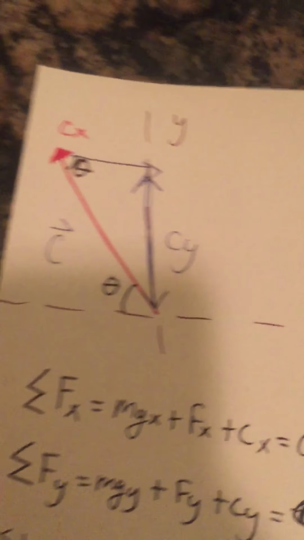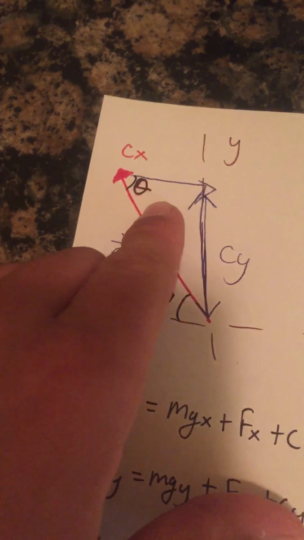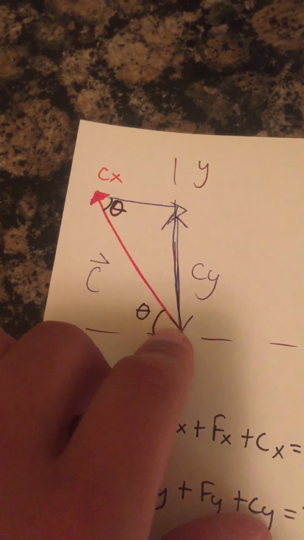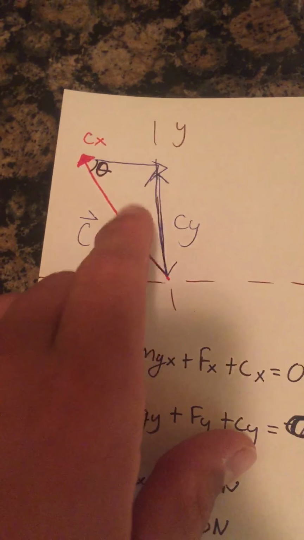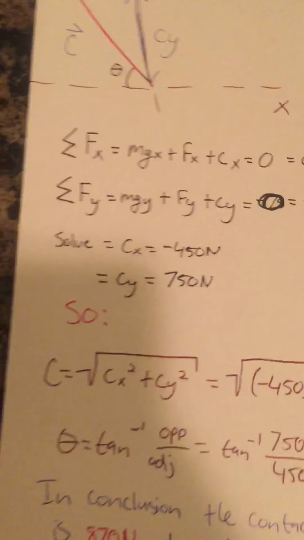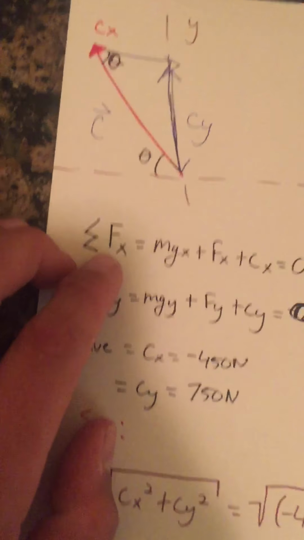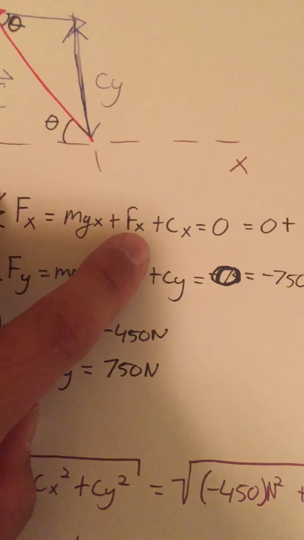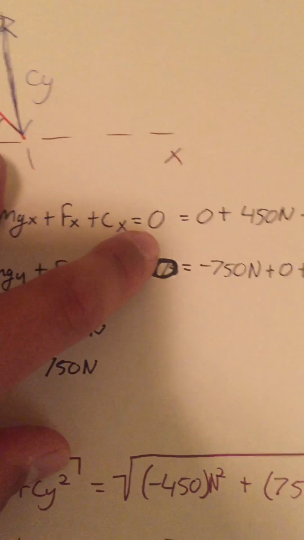So what we do is we draw a triangle out. We put theta here, and the rule, because this is a right triangle, is that, as you told us in class, this is theta, and so these two angles are equal to each other. So we write the sum of Fx is mgx plus Fx plus Cx equals 0.